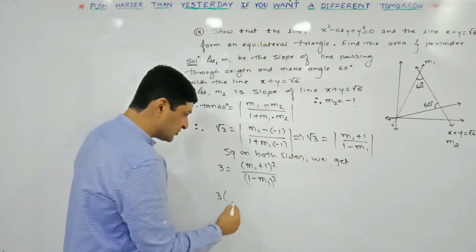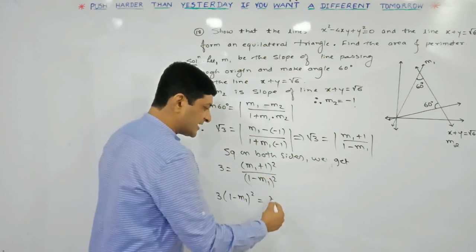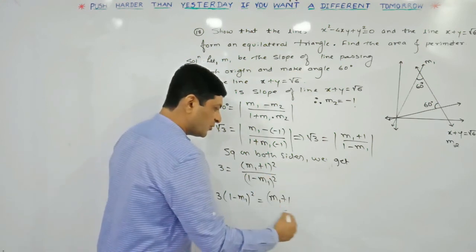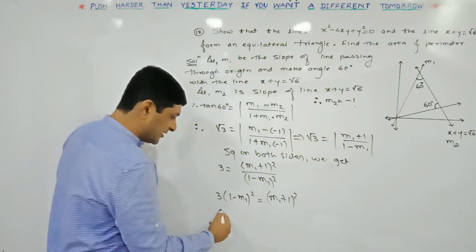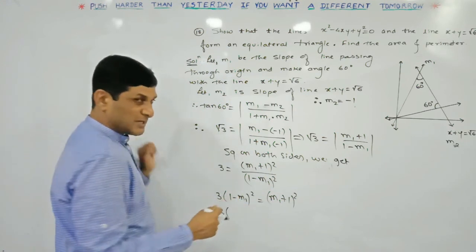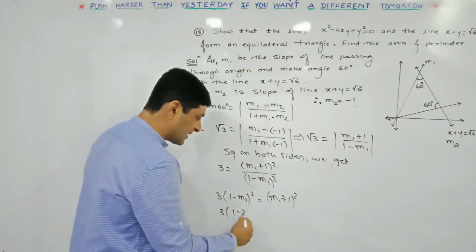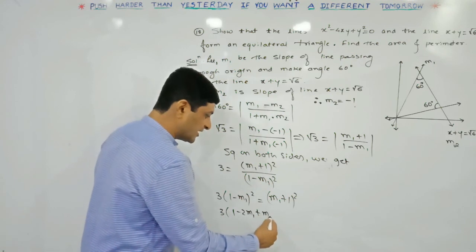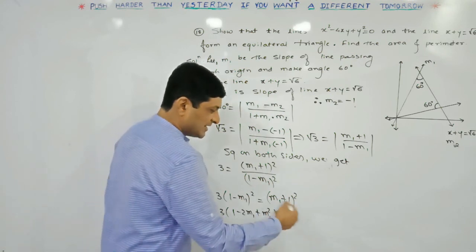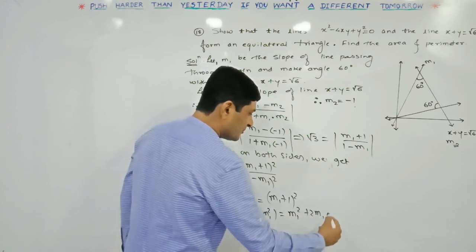So on this side we get 3 into 1 minus m1 whole square, and on the right hand side m1 plus 1 whole square as it is. Its expansion, applying the identity a minus b whole square, a square minus 2ab plus b square, gives m1 square. On the right hand side its expansion is m1 square plus 2m1 plus 1.